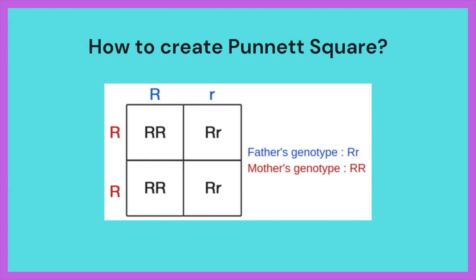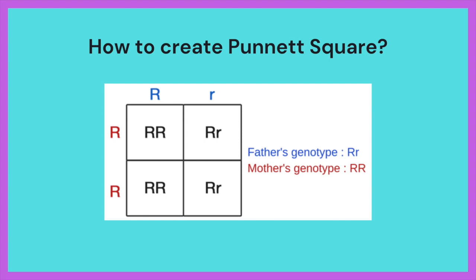Next is about the Punnett square. So how do we create a Punnett square? A Punnett square is used to calculate the probability. As you can see in the middle of the screen, the Punnett square is similar to a table. We put the father's genotype in the top row and the mother's genotype in the column. Say large R and small r for the father's genotype and large R, large R for the mother's genotype.